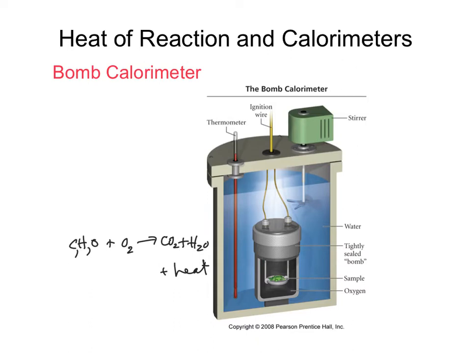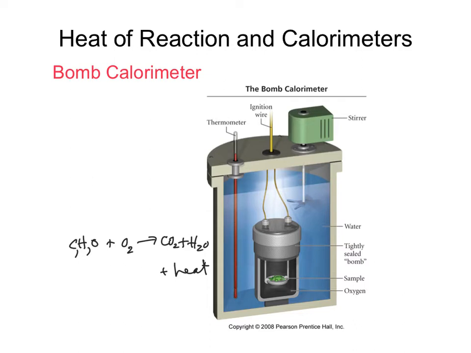So in the case of the calorimeter, we have a different equation. We have the entire calorimeter that heats up. In the case of the coffee cup, it is just the solution that heats up. But in this case, the bomb heats up, the gases inside the bomb heat up, the water heats up, the inner part of the chamber heats up, the thermometer heats up, the stirrer heats up, everything.